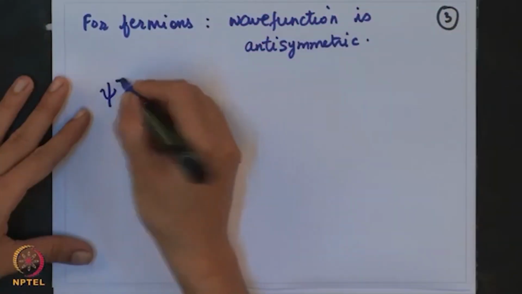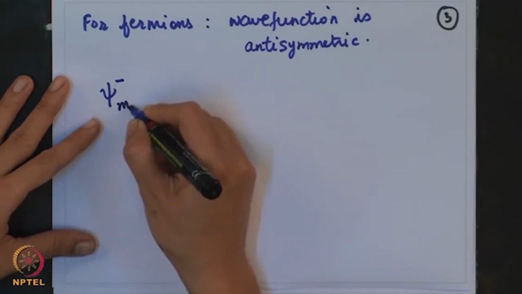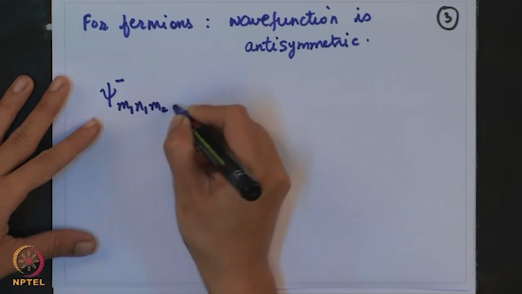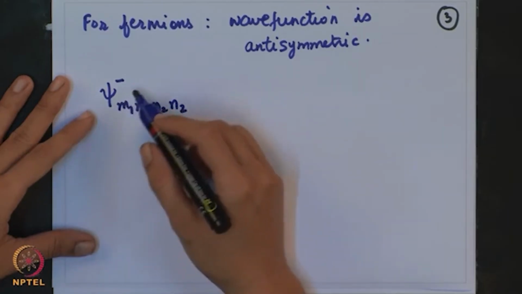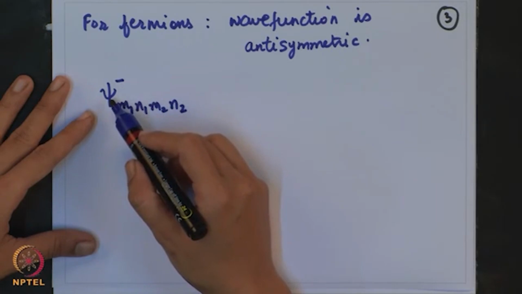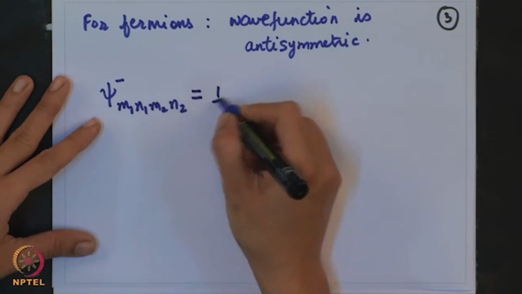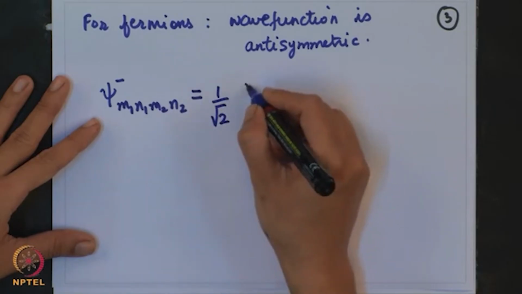So the wave function is now written as psi minus, where minus indicates that the wave function is antisymmetric, the same notation used in the lecture.